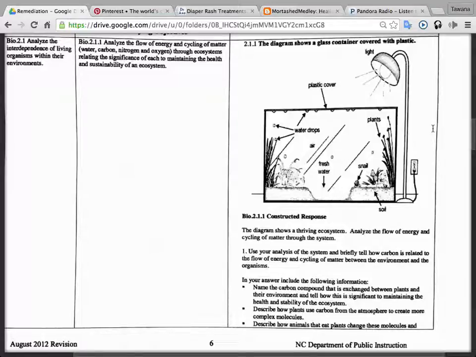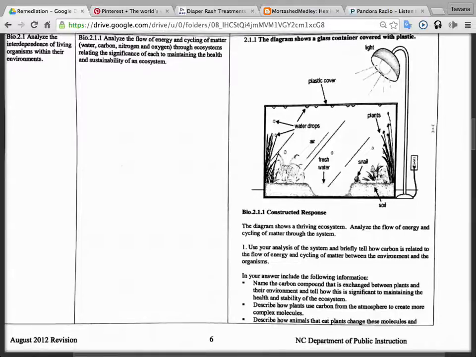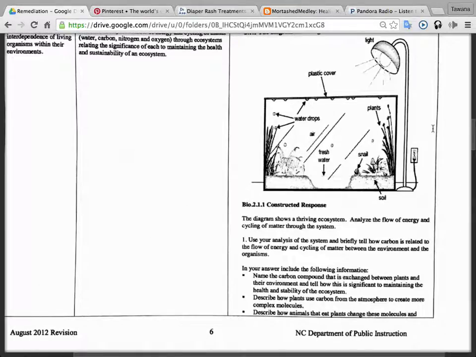Denasia, with this diagram, what processes are being demonstrated? Well, look at it. What do you see there? You see water, you see plants, a snail, and you see light. The fact that you see light in plants, what process?